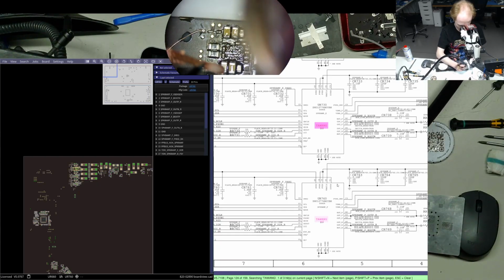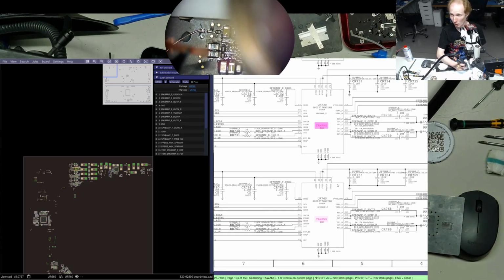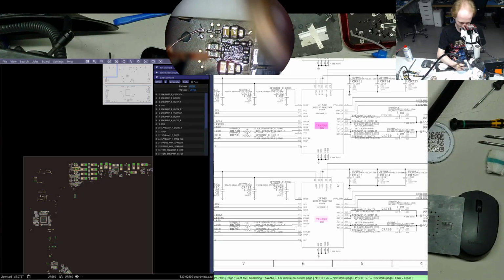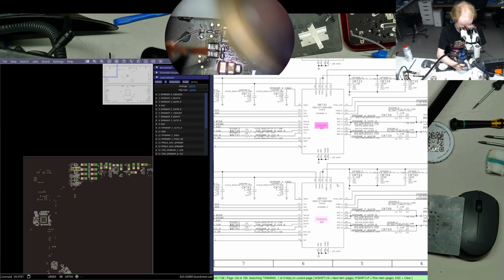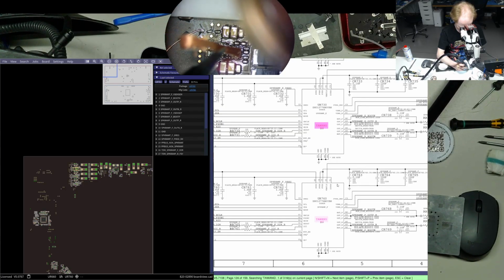So the reason I'm doing all of this is that if one of the amps is not answering online, there will be no sound from the speakers. So you need all 6 chips answering to get audio.